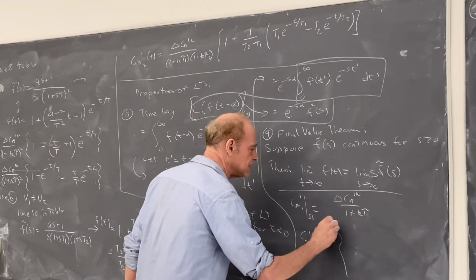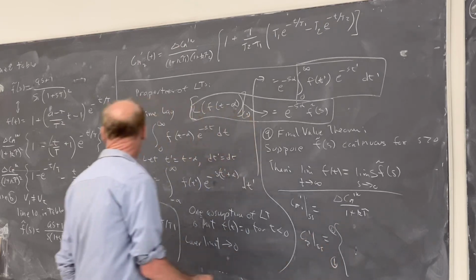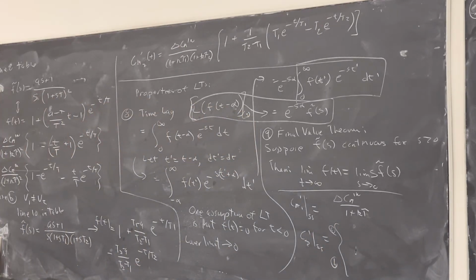I've got case A and case B. In case A, here was case A. I use the Laplace transform, right? CA2 prime tilde. I multiply by s, actually this is for all of them. I multiply by s, the s cancels, and I set s equal to 0. So this just becomes 1.